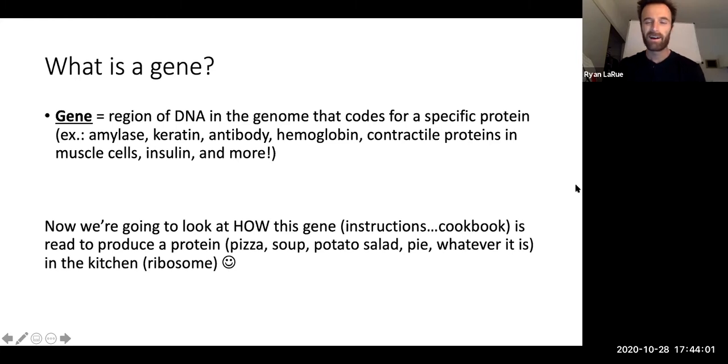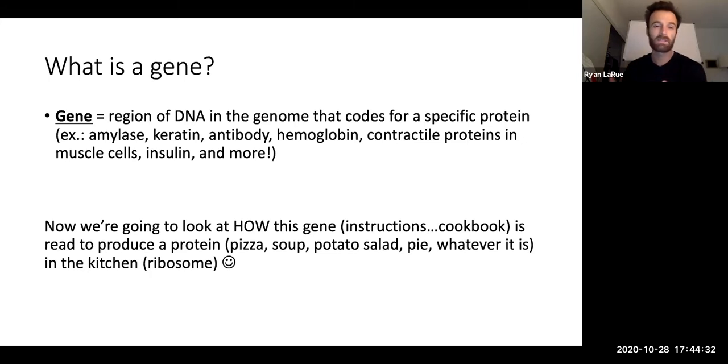But I do like this analogy of the cookbook, where DNA is your cookbook and the gene is a specific recipe. The cell is going to read that gene and read the instructions on how to make your protein, which would be your pizza, your soup, your potato salad, whatever it is. The kitchen where you're making your protein is the ribosome.